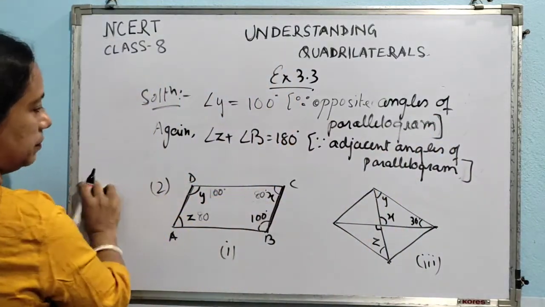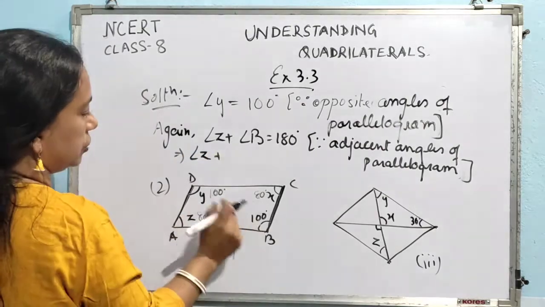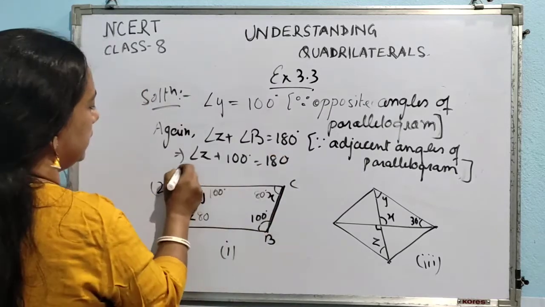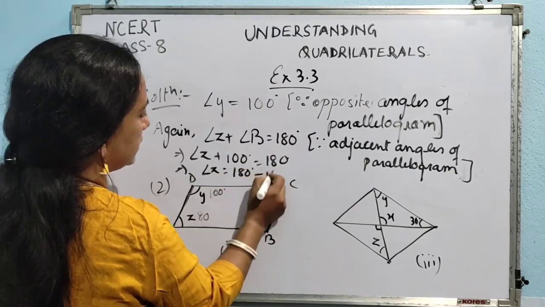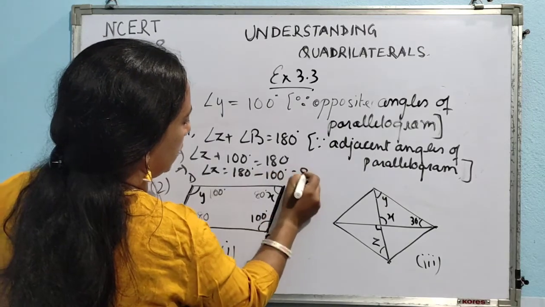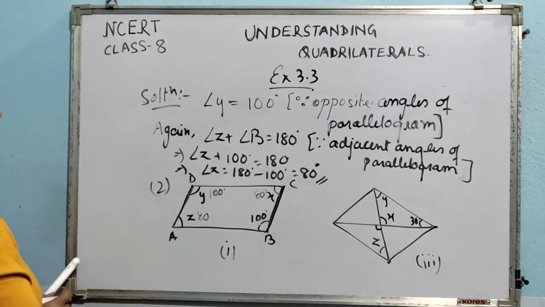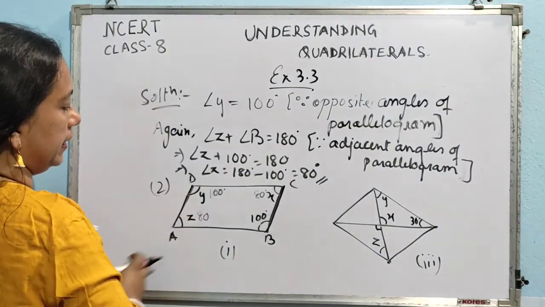Okay, Z plus B. Now what is the measure of B? 100 degree, that is equal to 180 degree. It implies that angle Z is equal to 180 minus 100, that is equal to 80 degree. So we got the value of Z. Z is equal to 80 degree.